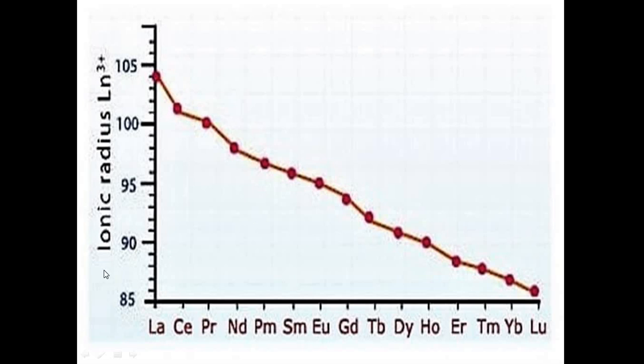This is the graph for the lanthanoid contraction, and you can observe it. There is a regular decrease in atomic size with increase of atomic number from lanthanum to lutetium. This regular decrease is known as lanthanoid contraction.